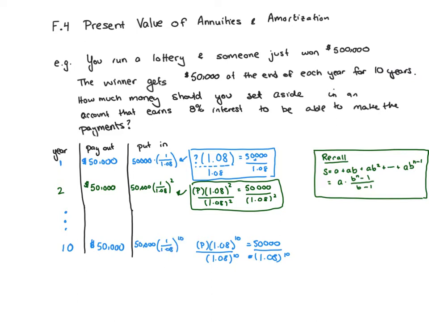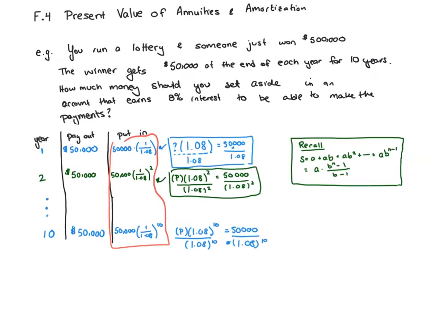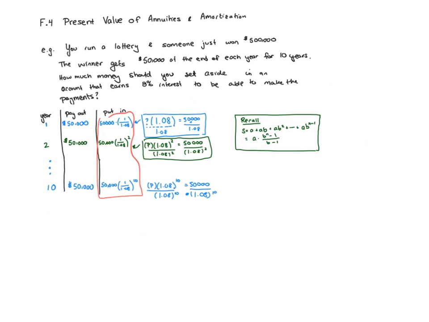Okay, so let's focus on this amount that we need to put into the account here. Give ourselves a little bit more space. That amount that I need to put in is 50,000 times 1 over 1.08 plus 50,000 times 1 over 1.08 squared.